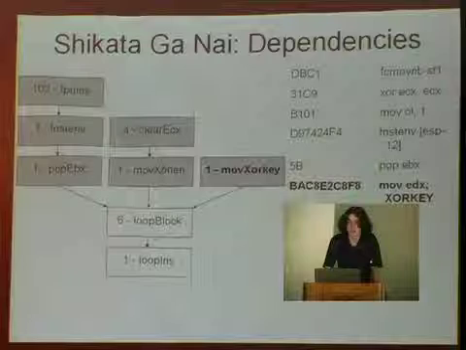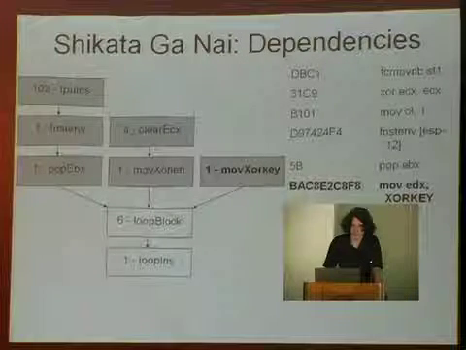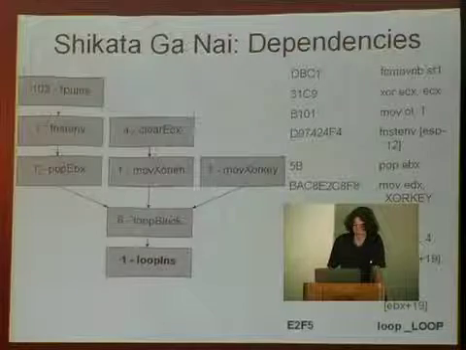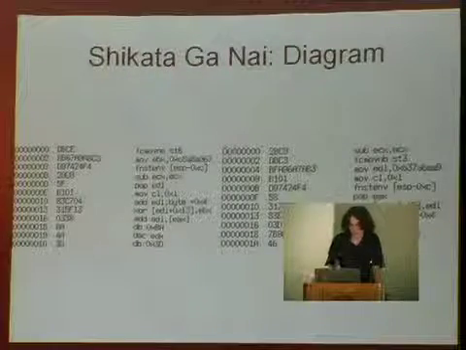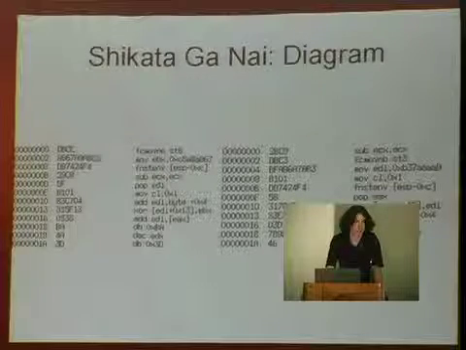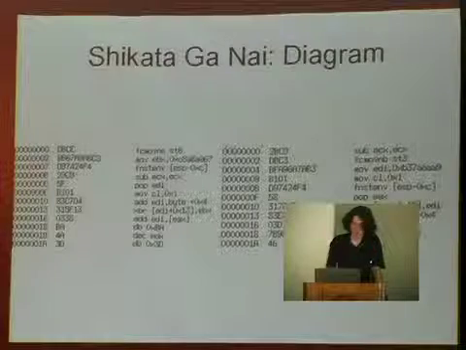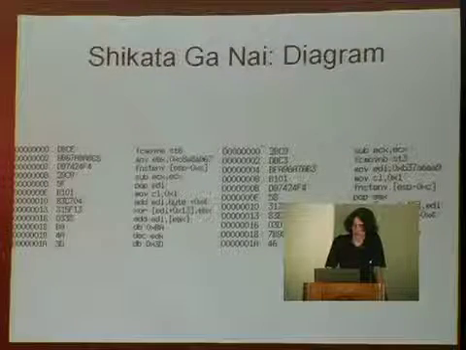And to an IDS or to some packet filter, it has no idea what's going on. So this is just the code continuing. And this is just a diagram of 2 assembly dumps of 2 Shikata-Ga-Nai encoders. If you look at them, they're of the same size, but they don't really look that much alike.